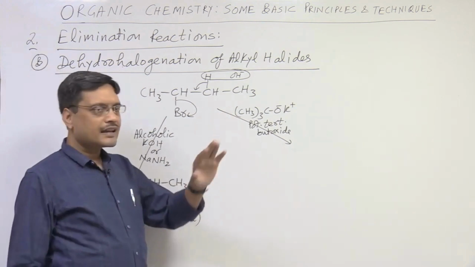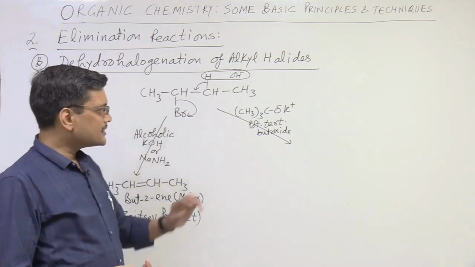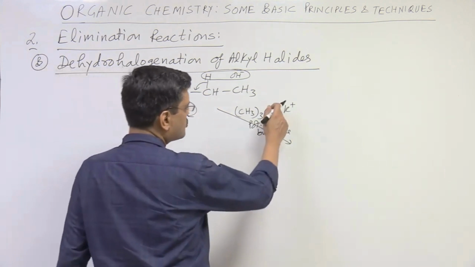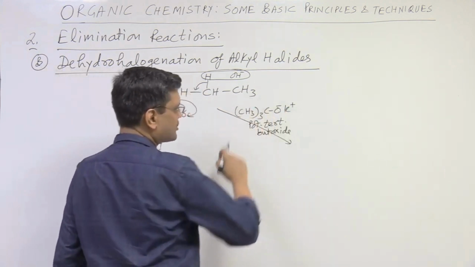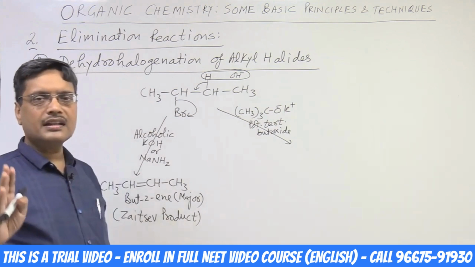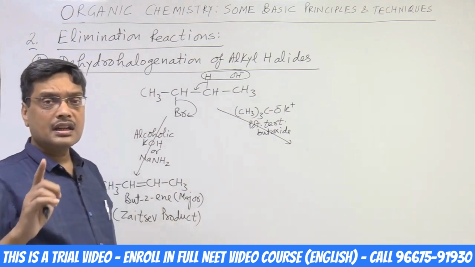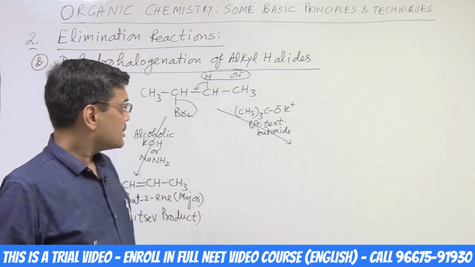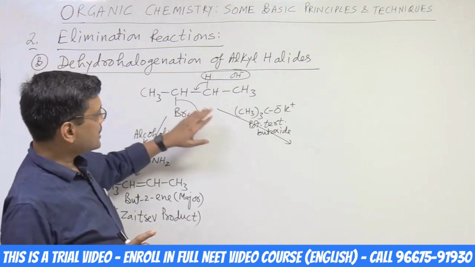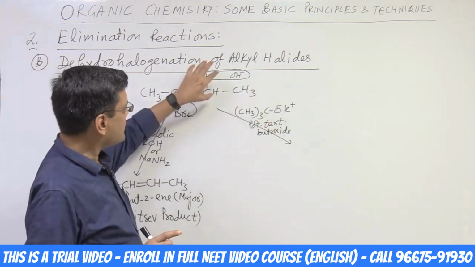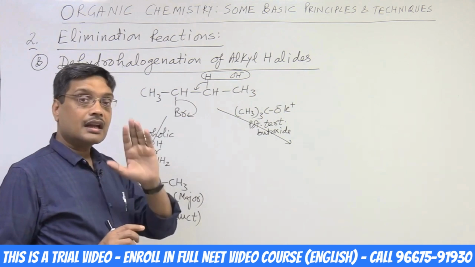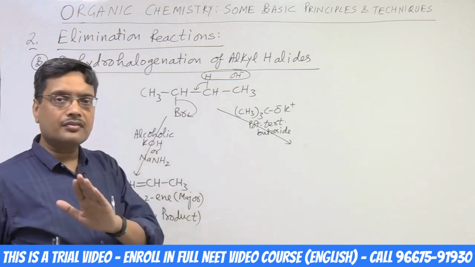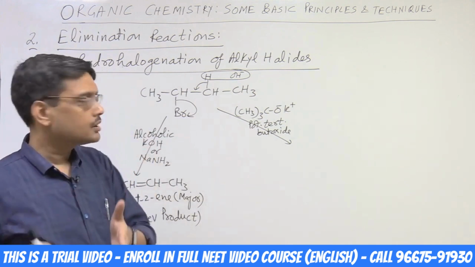Now see the second equation. In the second equation, butoxide ion is a bulky base. Here one problem is present. It cannot attack in the middle of the chain due to the bulky nature.